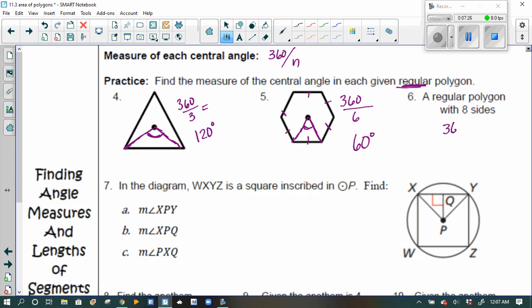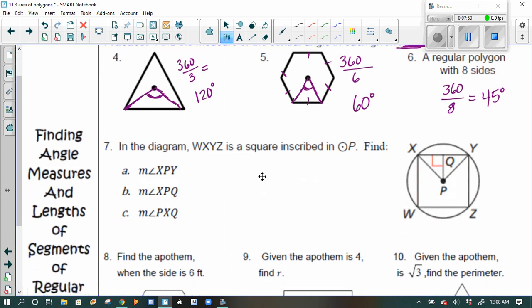So that's going to be 360 divided by 8, which is 45 degrees. So the central angle of an octagon is 45 degrees.